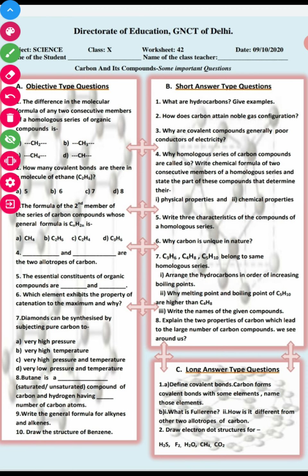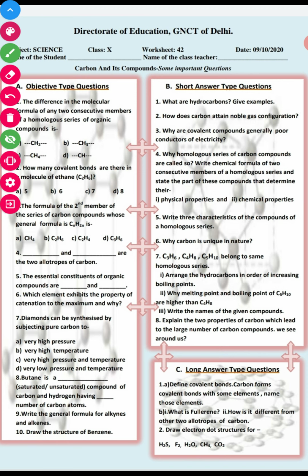Okay, next question we have: why are homologous series of carbon compounds called so, write the chemical formula of two consecutive members of the homologous series, and state the part of these compounds that determines their physical properties.